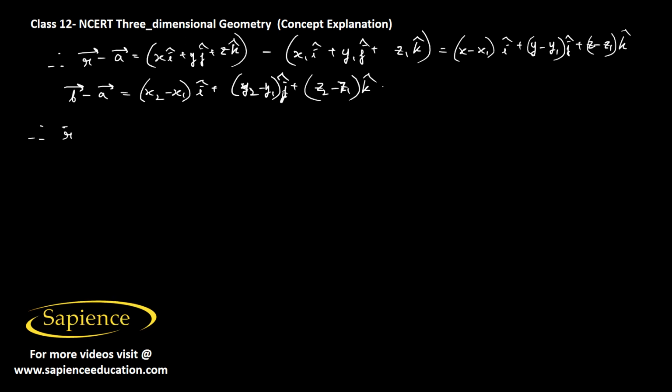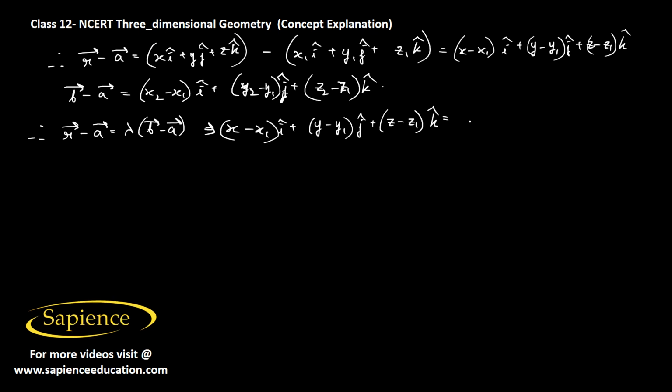So now R vector minus A vector is equal to lambda times B vector minus A vector. So therefore we can say that x minus x1 i cap plus y minus y1 j cap plus z minus z1 k cap would be equal to lambda times x2 minus x1 i cap plus y2 minus y1 j cap plus z2 minus z1 k cap.